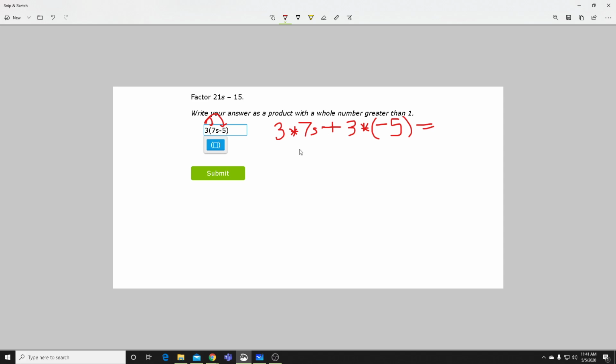This will give us 3 times 7, 21s. 3 times negative 5 would be negative 15, plus negative 15 is the same thing as subtracting 15.